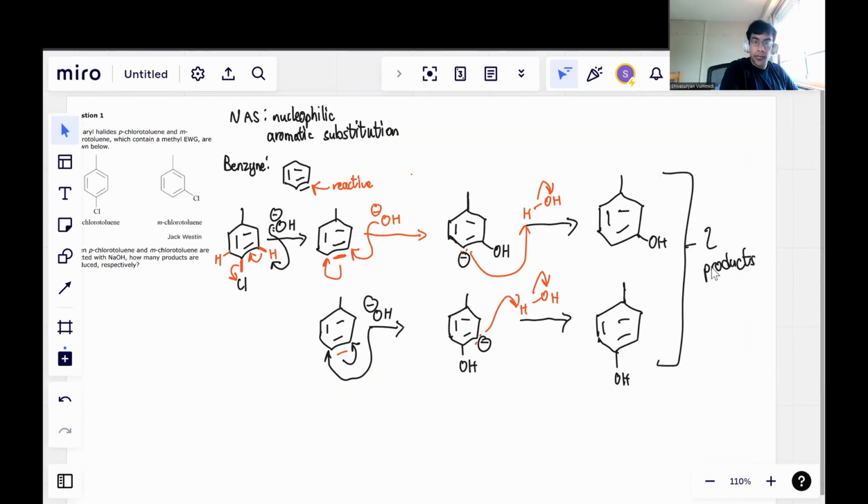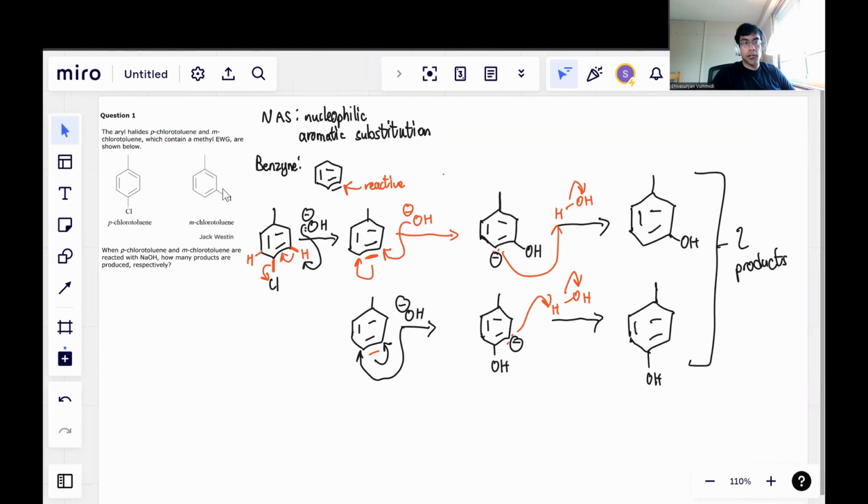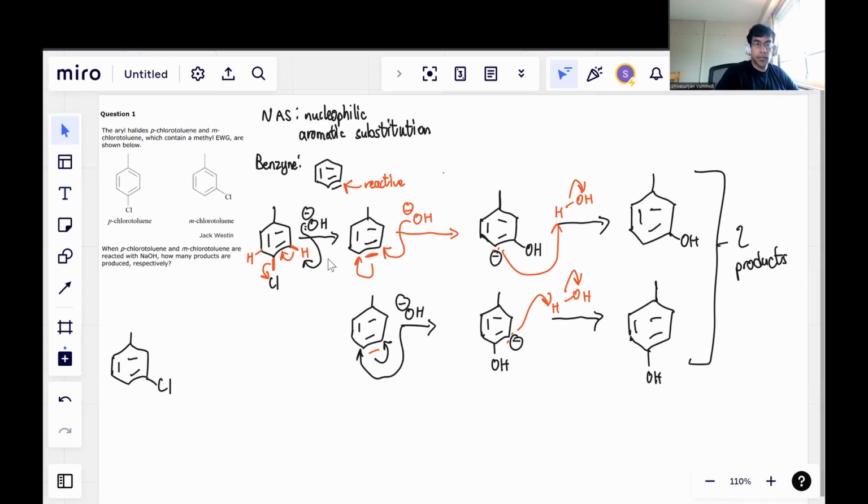If we were to try a similar example with the meta-chlorotoluene over here, what can happen is that when the hydroxide comes in, it could steal an H. It could steal an H from here, forming a benzyne over here, or it could steal an H over here and form a benzyne over here.